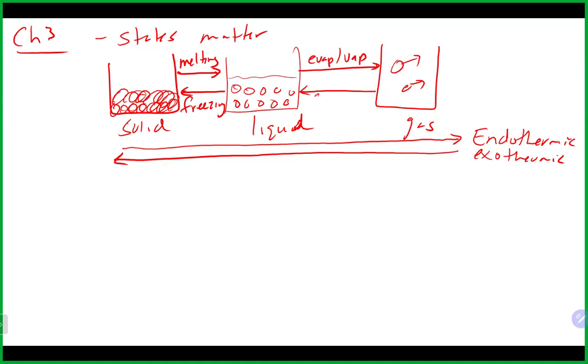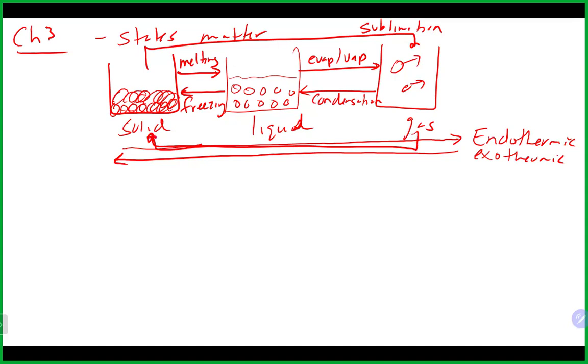Gas back to liquid is condensation. Going from solid, skipping liquid and going directly to gas, that is sublimation. And going from gas back to solid, skipping the liquid as well, that is deposition. All right. And those are the changes of phase that require energy to do so.